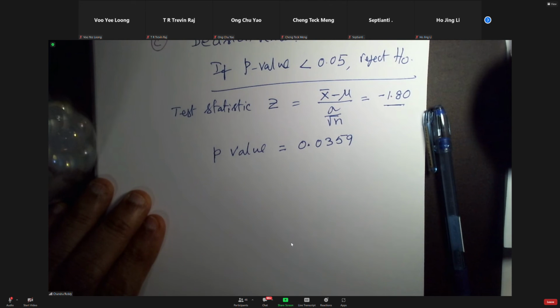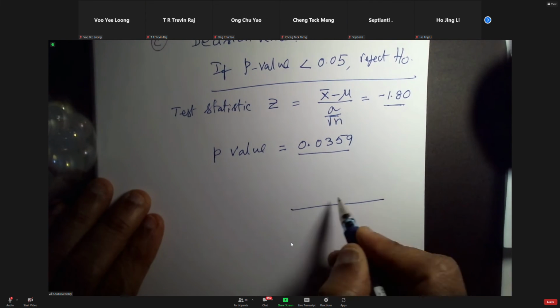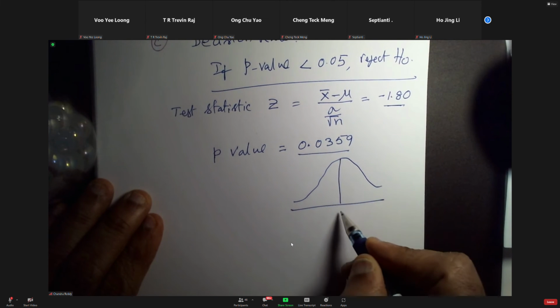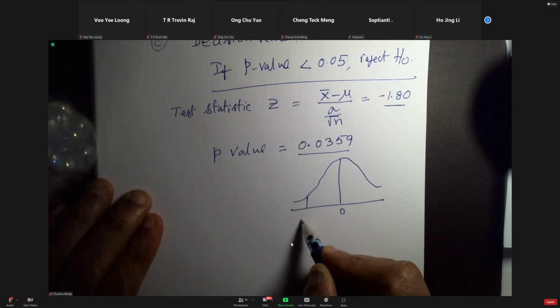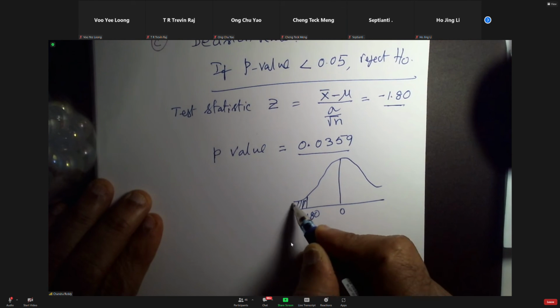So this is 0, this is minus 1.80, and the probability will be here.